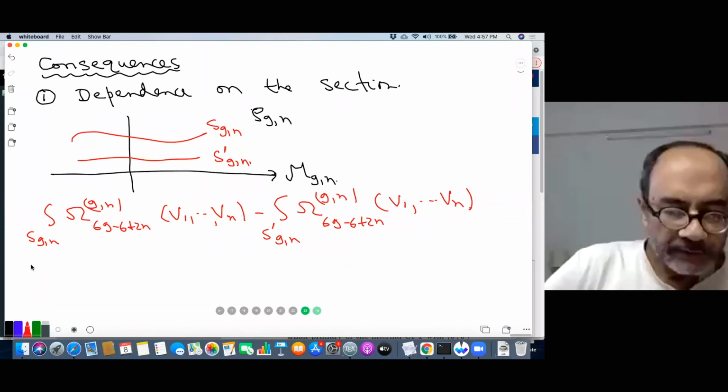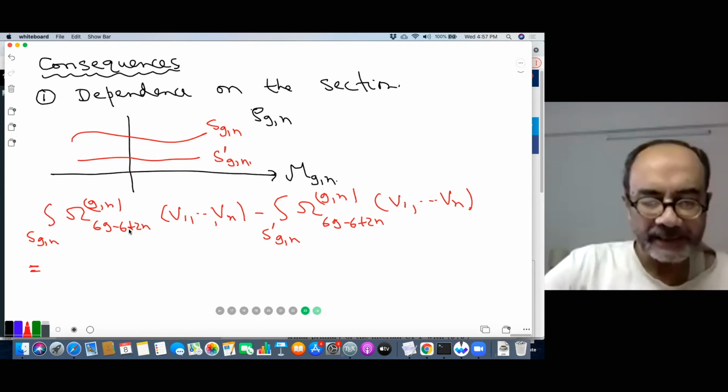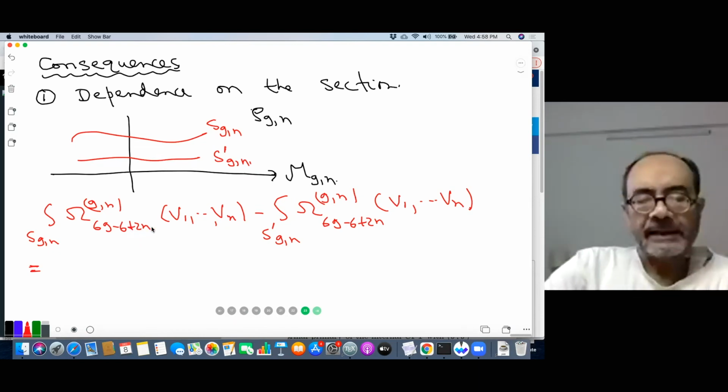So this I can write. You see, given these two sections, I can find a 6g minus 6 plus 2n plus 1 dimensional subspace that fills the gap.